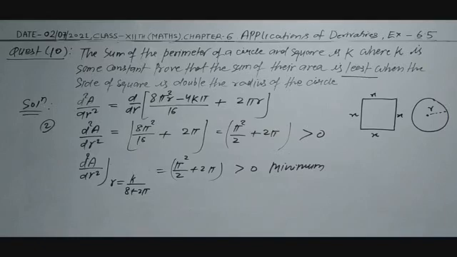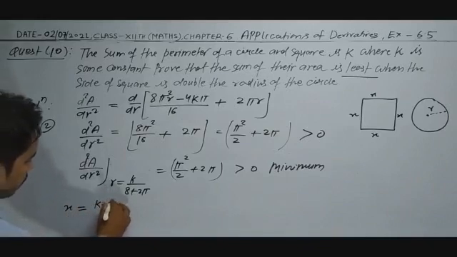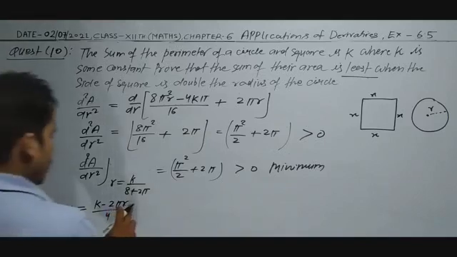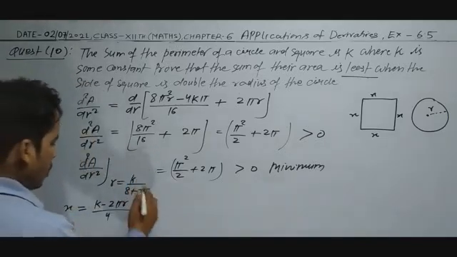So now x is equal to, you already know, (k minus 2 pi r) whole upon 4. This is the value of x. Now you have to put at the place of r, that is k upon 8 plus 2 pi.